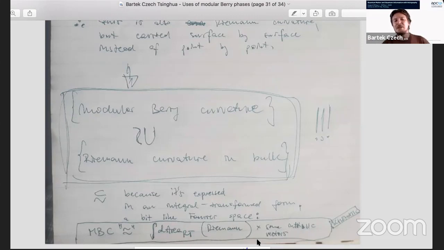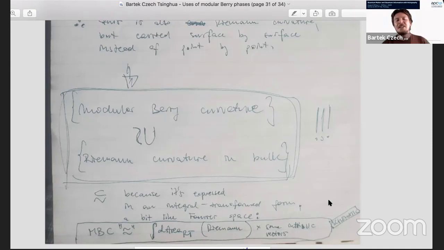So I have this schematic equation: modular Berry curvature is like Riemann curvature, but integrated along the area of the RT surface. And of course, they have some extra indices, so there will be some intrinsic vectors that soak up the indices from one side to produce the other side. But that's the relation between them schematically.